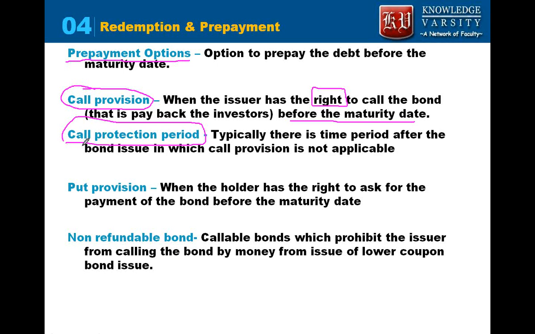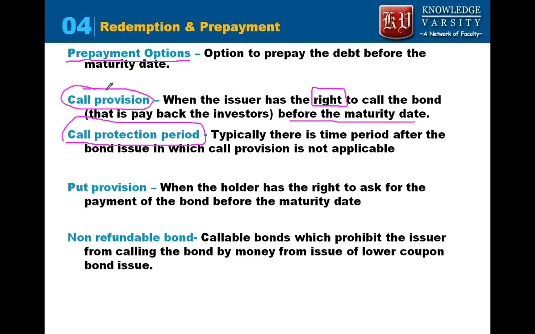The investors had invested in the bond considering that they have invested for 5 years, but let's say the issuer calls back the bond in 6 months and investors are given back the money. The investors do not know where to invest, this is an unexpected event for them, so this is a risk for them. So there is usually a call protection period for the investors.